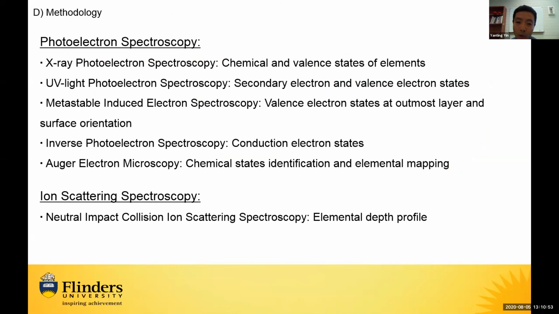So in our work, what we do is we do it in an inverse way. We form material A gradually, with a very tiny thickness, on material B, and then increase the thickness to see what changes at the interface, with a combination of spectroscopies operated in a UHV chamber.